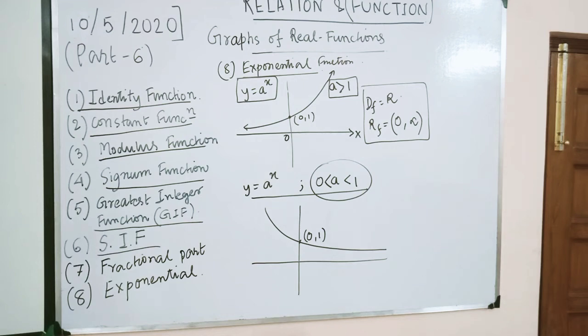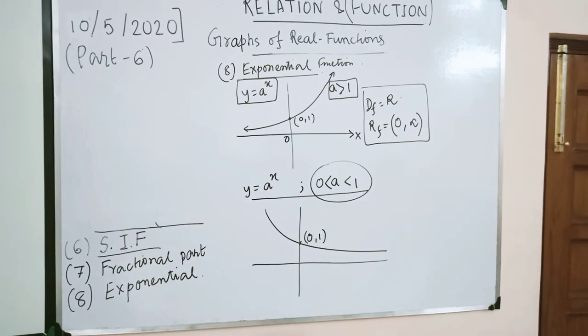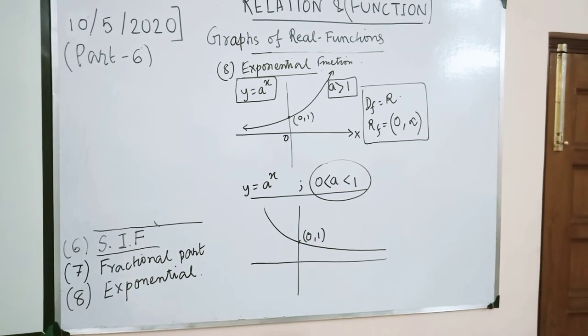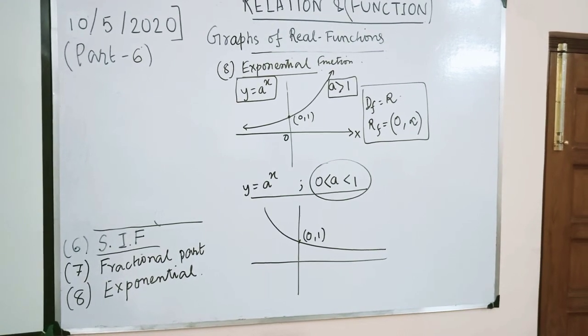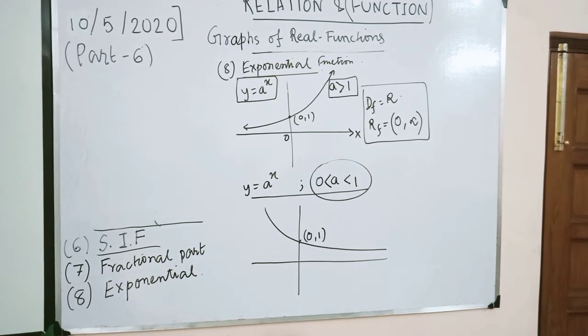As you can see, y is not coming below the x-axis, and x can have negative as well as positive values. Next we will see the square functions, the cubic functions, the square root functions, all those things we will try to draw. We will write it on the board and continue.